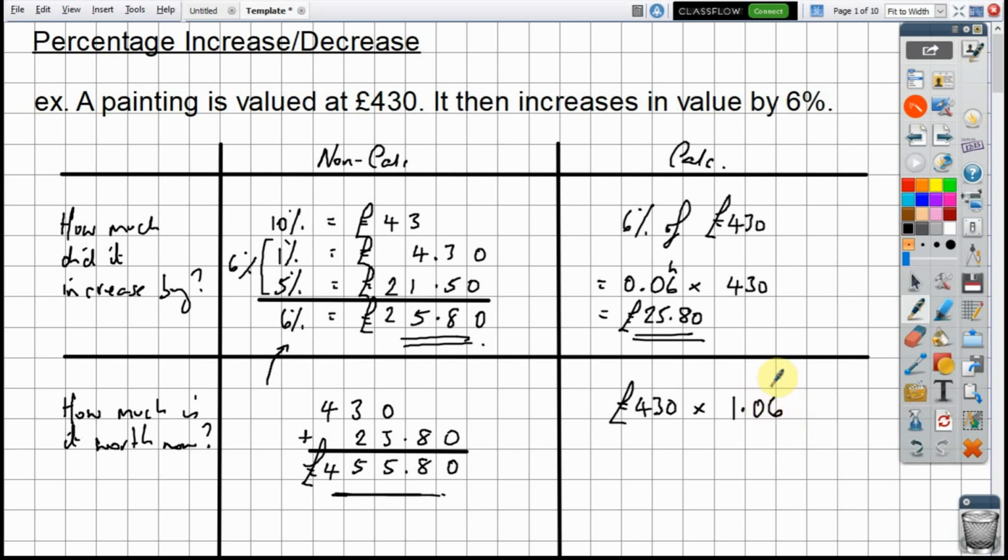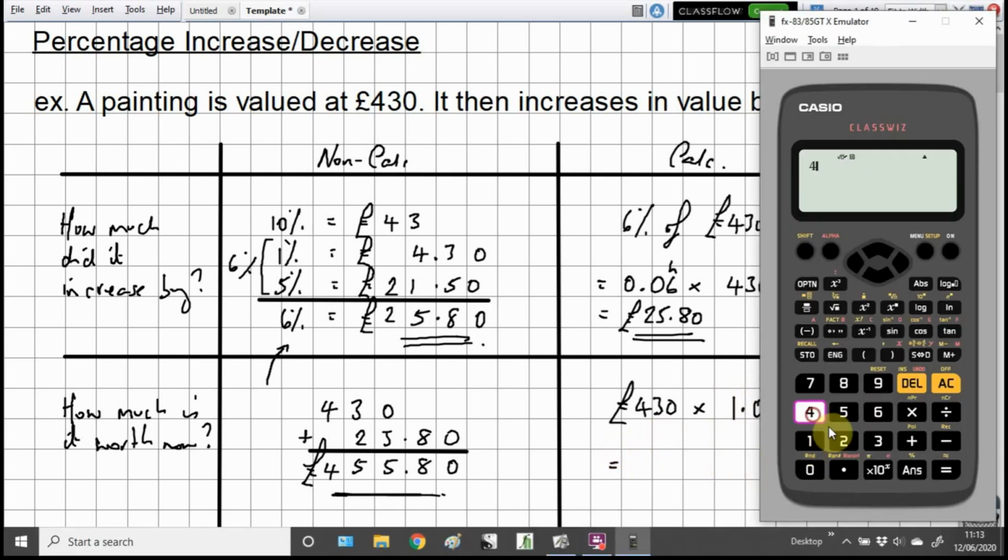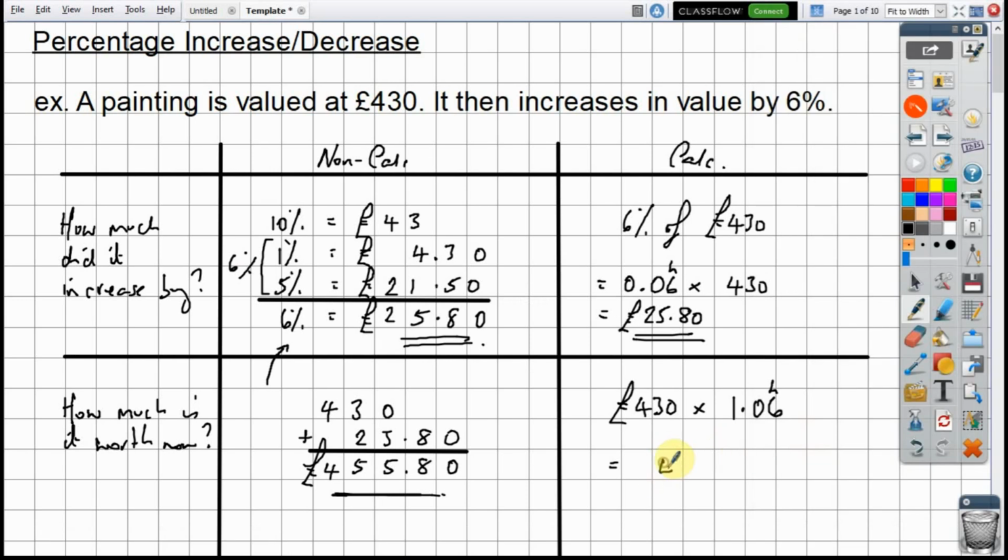And you can see there, I hope, the 6% above the original amount that we need. And so if we reach for the calculator, we've got 430 times 1.06, and we've got 455.8. So we've got our answer.